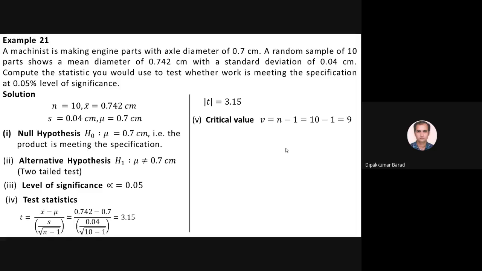Now the critical value. The degrees of freedom is n minus 1, which is 9. I have to find the value of t at 0.05 with v equal to 9, and now I will show you a t table.